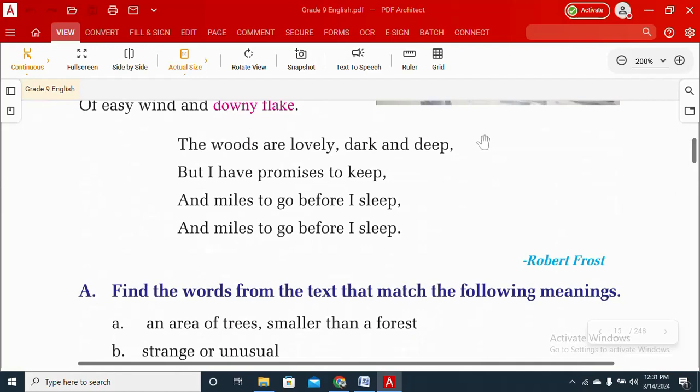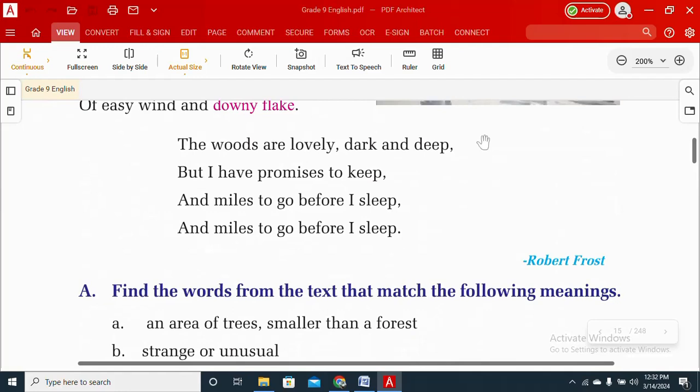He has so many responsibilities in his life. Leaving those responsibilities apart, he cannot stop there to observe the beauty of the snowy forest. He has to fulfill all his duties and responsibilities before he sleeps. So he cannot stay there. He cannot stop there.